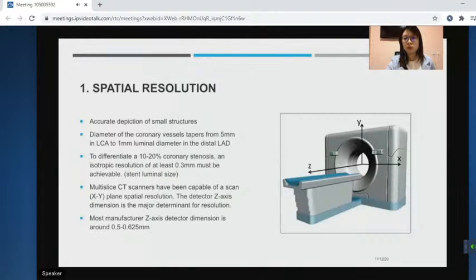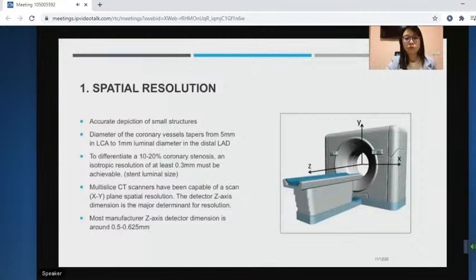For example, what we have here are our coronary artery vessels, which is our LCA. Proximally the diameter is about 5 mm, but distally it is about 1 mm in diameter. And for most stents in the market, the smallest lumen is about 0.3 millimeter.